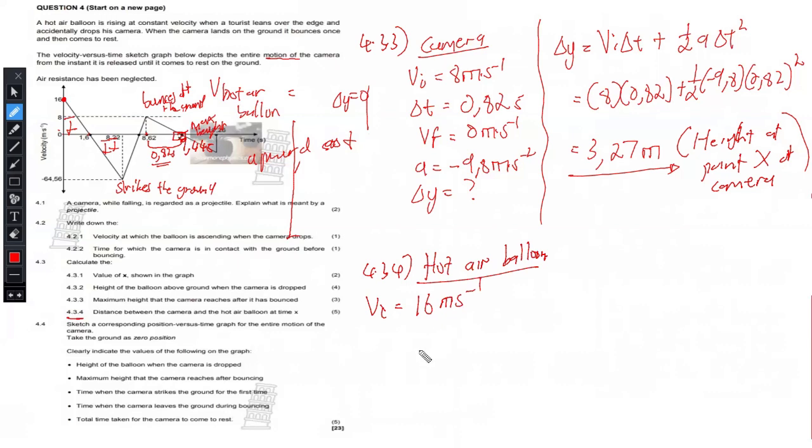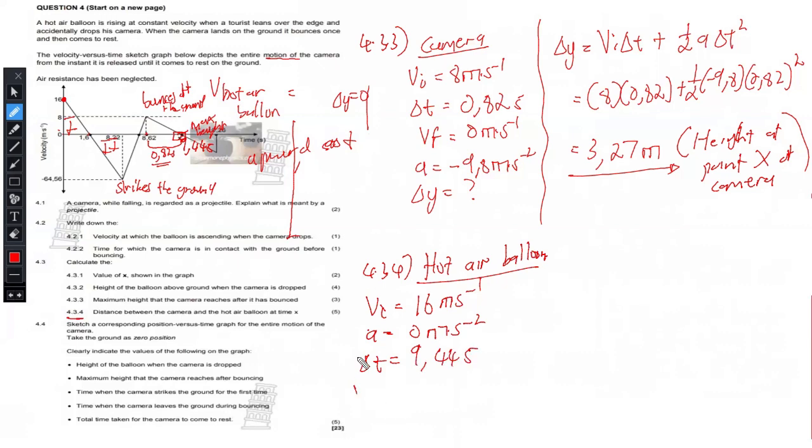And then, do we have the acceleration? That's 0 meters per second square. And then, do we have the delta time? Yes, that's 9.44 seconds.